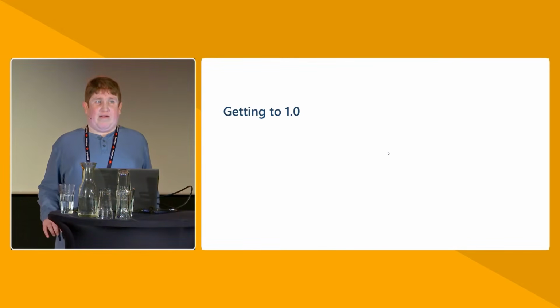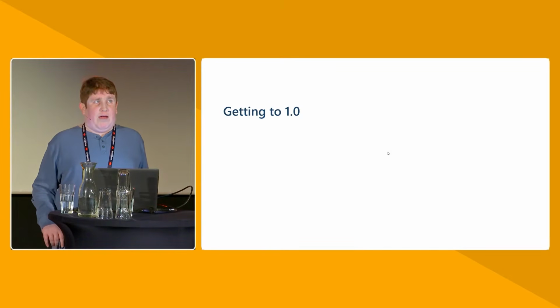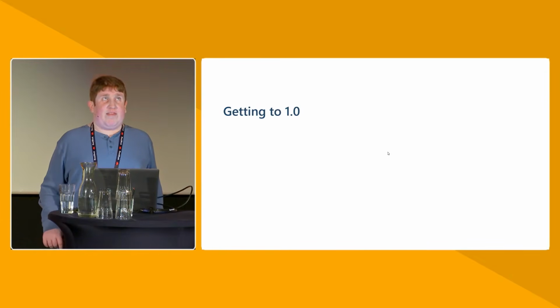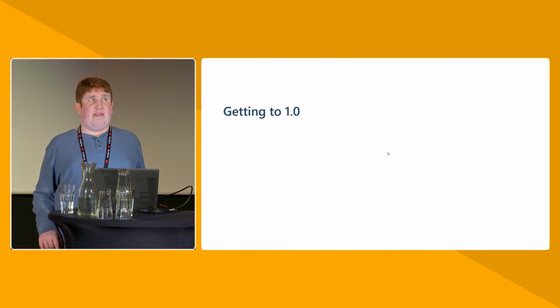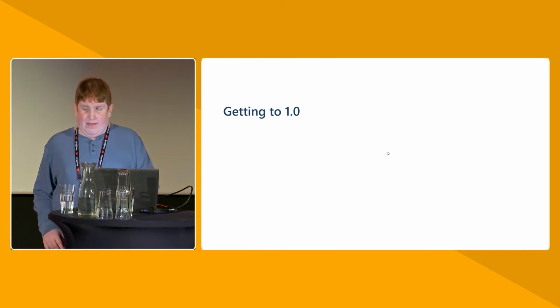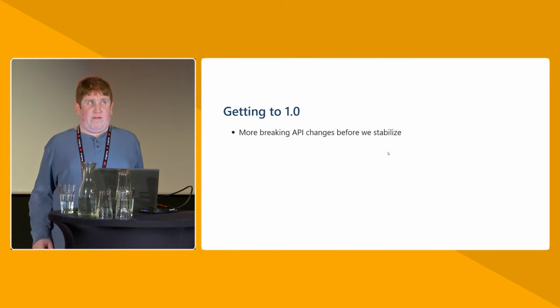So let's talk about what it's going to take to get AccessKit to version 1.0. We do want to get to a 1.0 that will allow us to have the same stability guarantees as Rust itself, which means that ideally, once we get to 1.0, we would never have to do a semver breaking release again. But there will probably be more breaking changes before we get there.